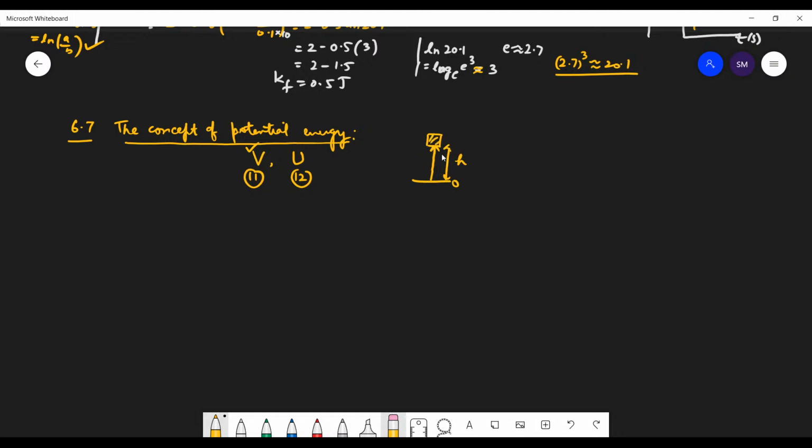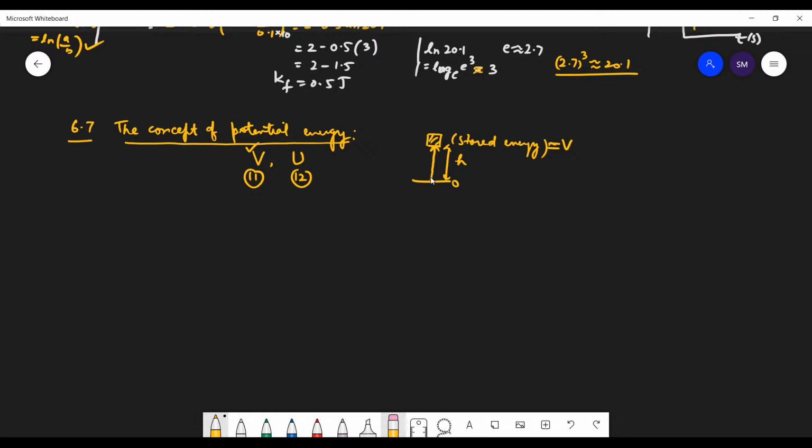Then some energy is stored, so stored energy, right? So that is what comes to my mind, that this stored energy is equal to potential energy. And when I release it, it will come down with a great speed.